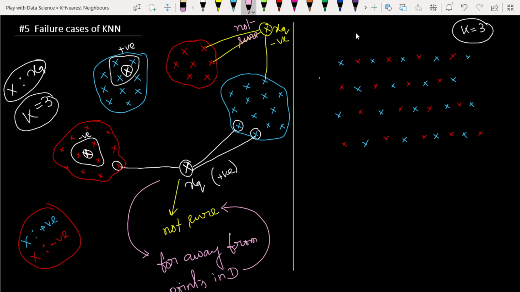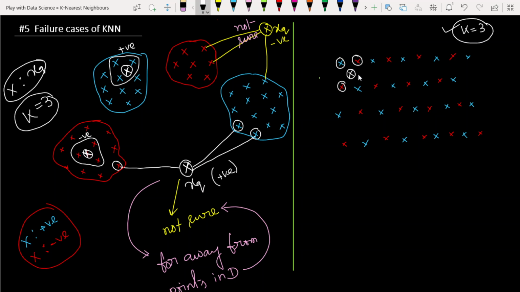The same thing is here also. Suppose our query point is here. Its closest points will be this one, this one, and this one. We are considering k equals 3, so we have to choose the 3 closest points.